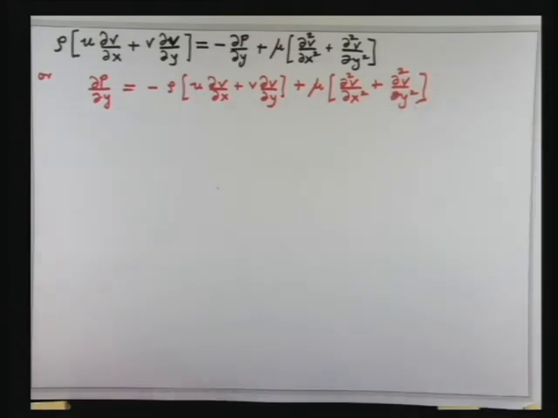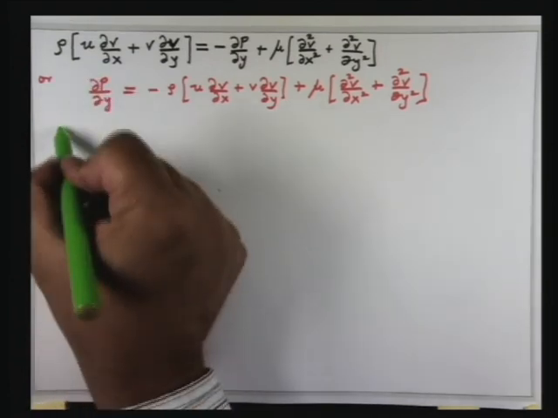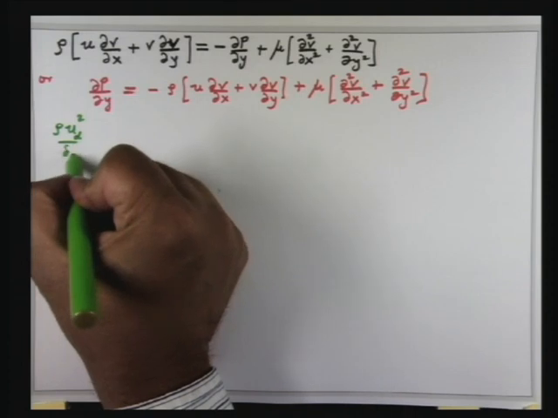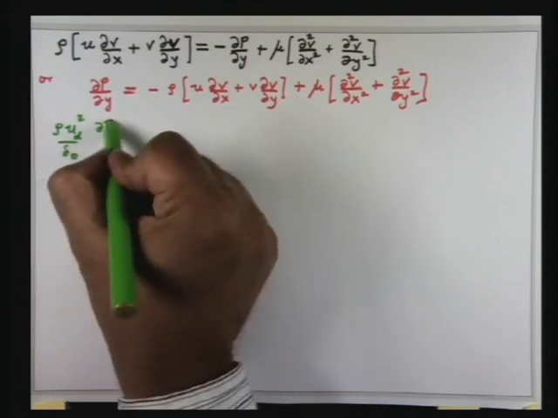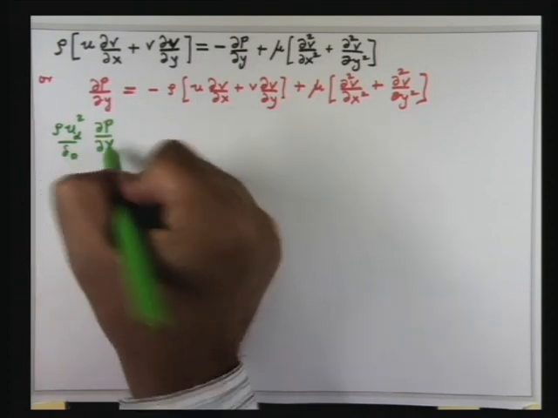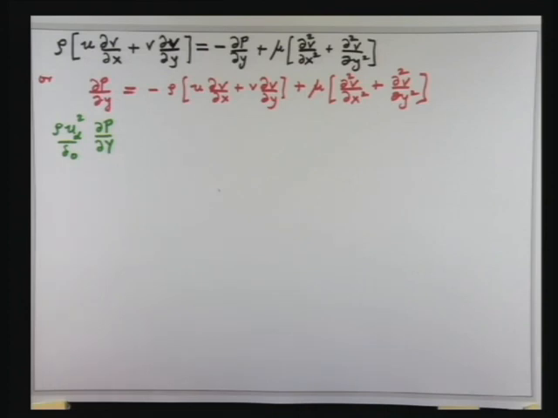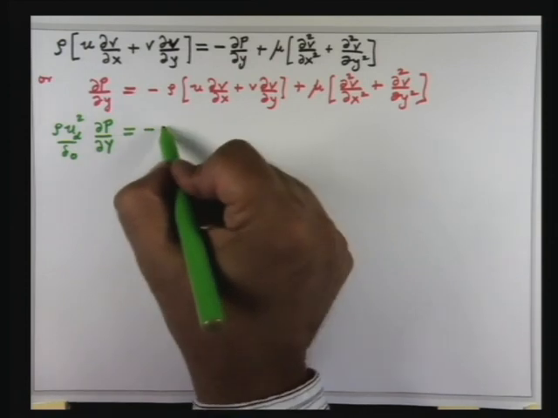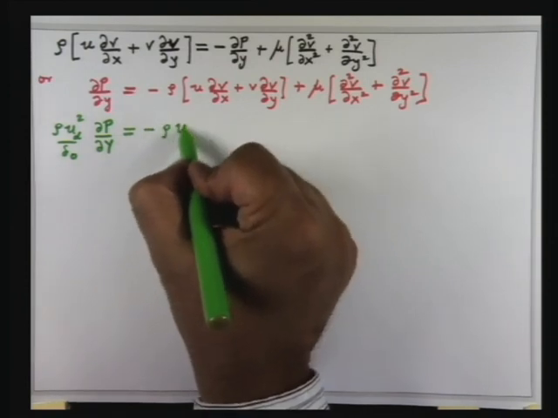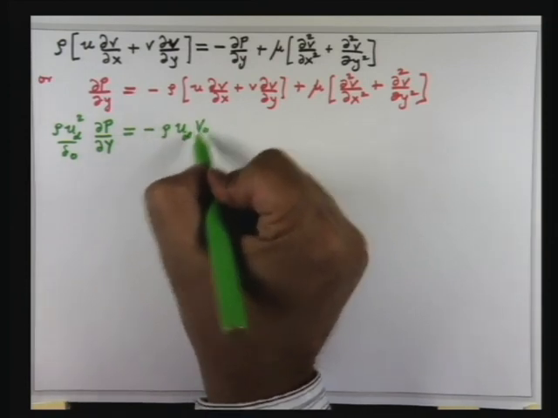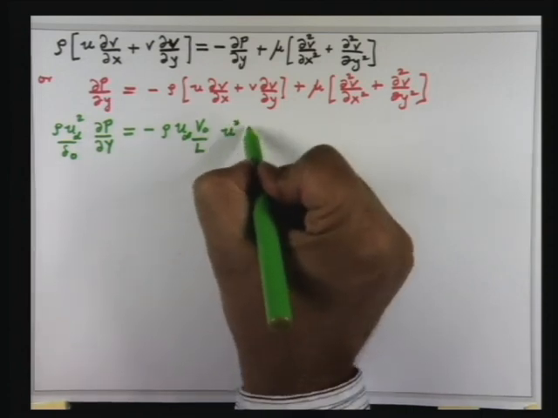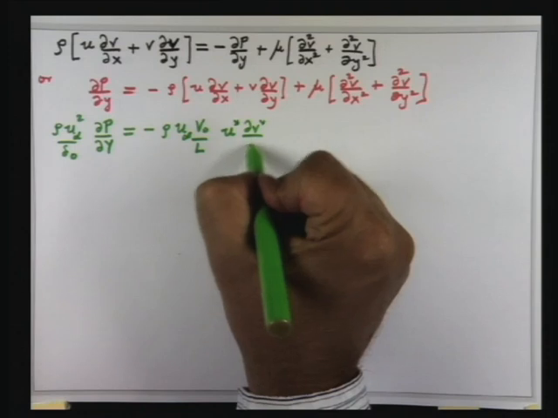Now this I can write as rho u infinity squared by delta naught del p del y, and this side I can write as minus rho u infinity V naught by L into u star del V star del x star.